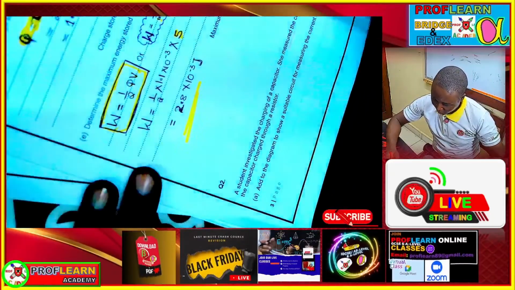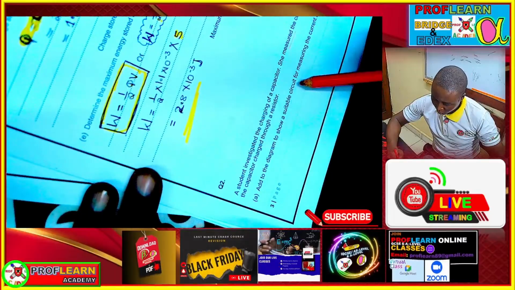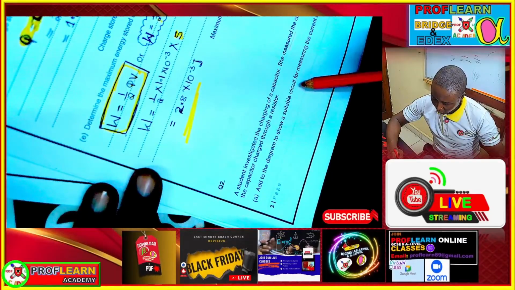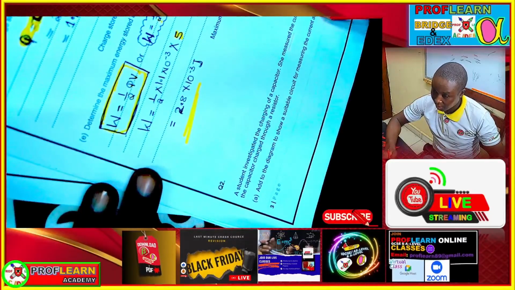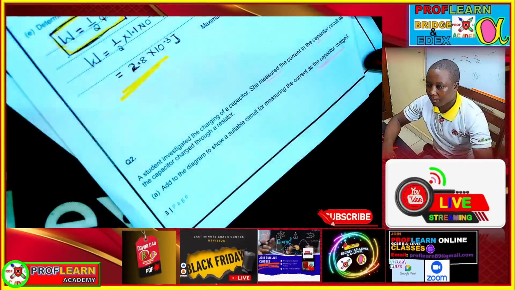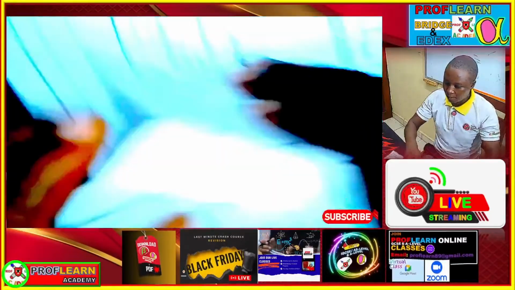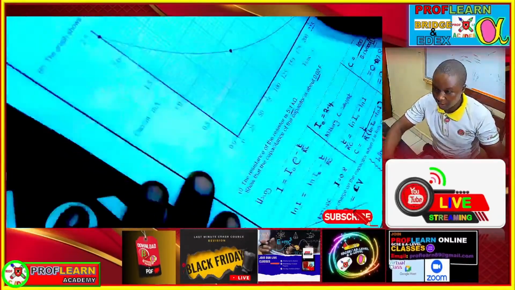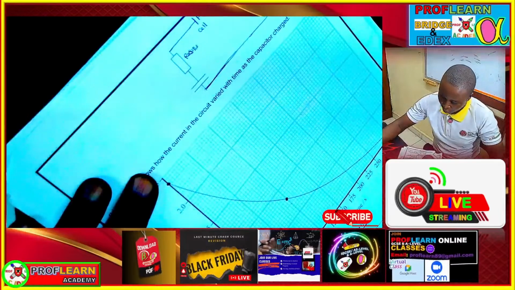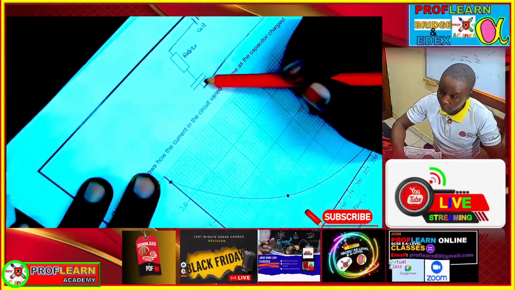She measured the current in the capacitor circuit as shown there. Add to the diagram a suitable circuit for measuring the current as the capacitor charges. So basically that is another set of questions that we need to look at, and the part that was given here is this section. There was a resistor and there was a capacitor.